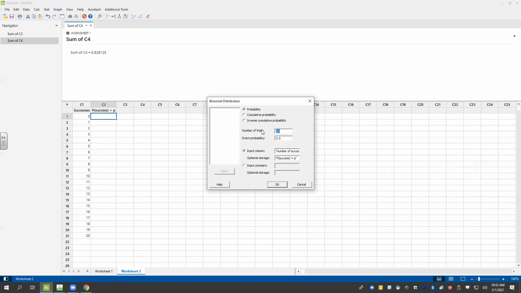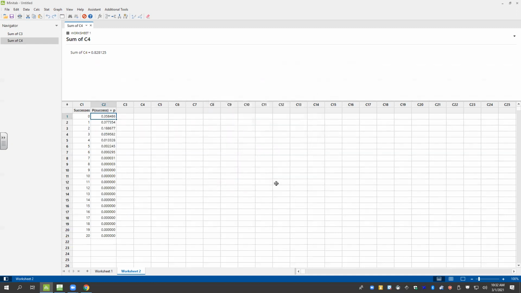My number of trials are now 20. The event probability, which is the probability they're afraid based on the phrasing of the question, is 0.05. My input column is the success, and I want to store it in column 2, and it does all the work for me.